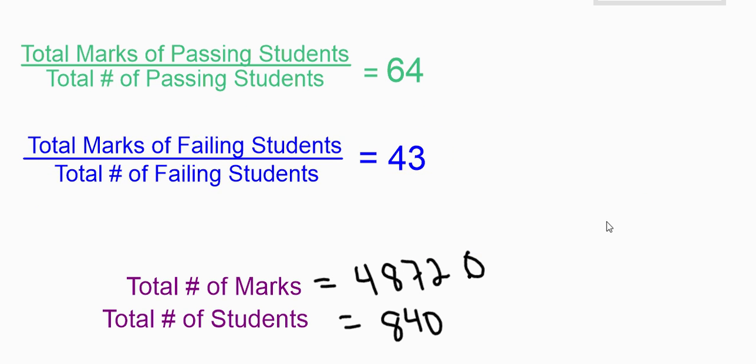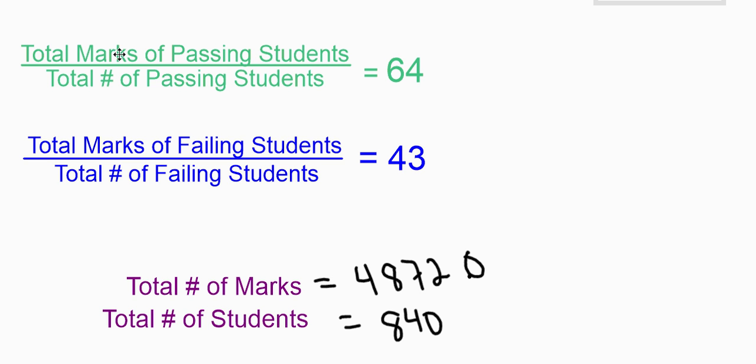So we have this. Now, I don't know what any of the green numbers are. Total marks of passing students, total number of passing students, I have no idea. Nor do I know the total marks of failing students or the total number of failing students. But here's what I do know.